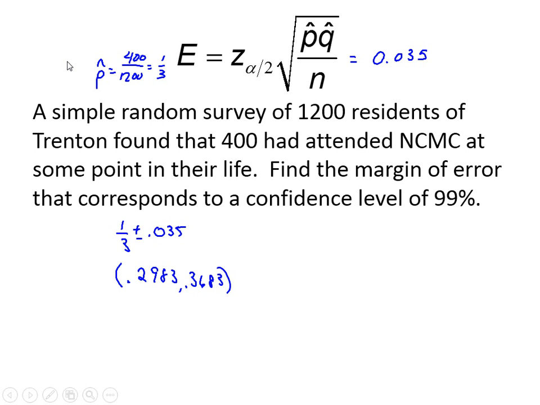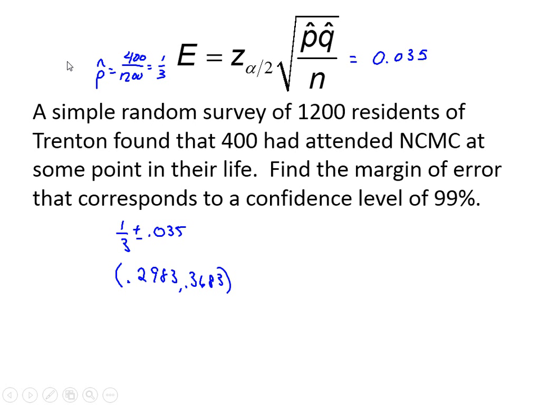That would be my confidence interval. That's saying I am 99% confident that the true population proportion of residents of Trenton that have attended NCMC is somewhere between 0.2983 and 0.3683, if my data was anywhere near accurate, had come from a true sample, and was actually relevant information instead of completely made up information.